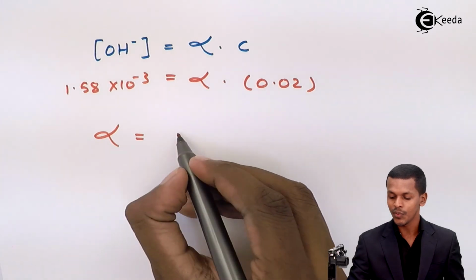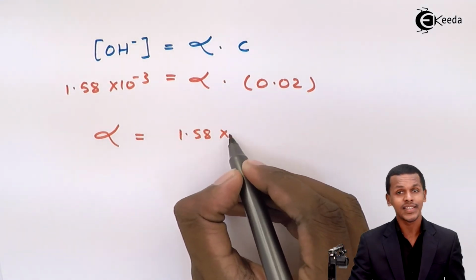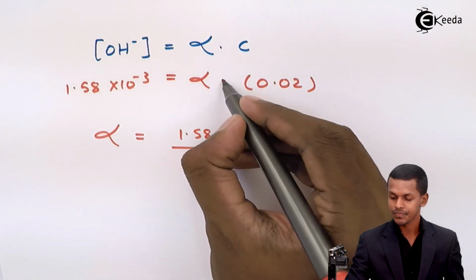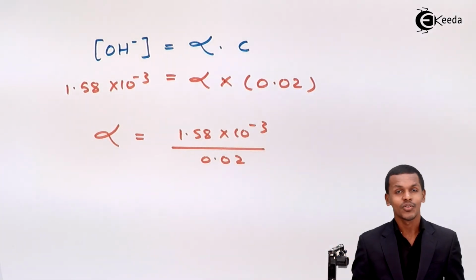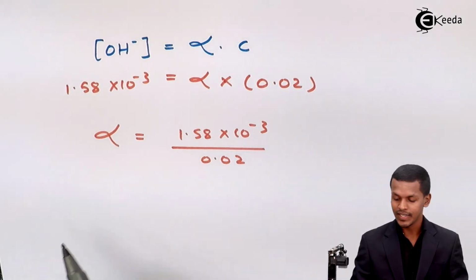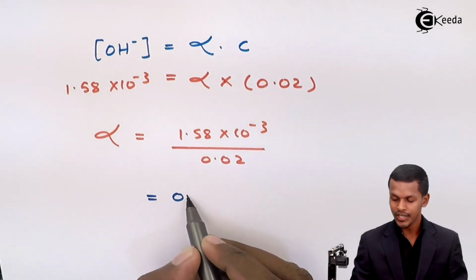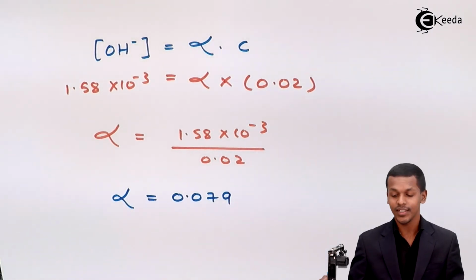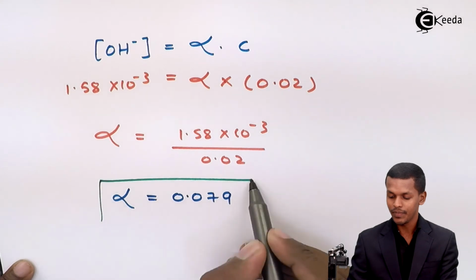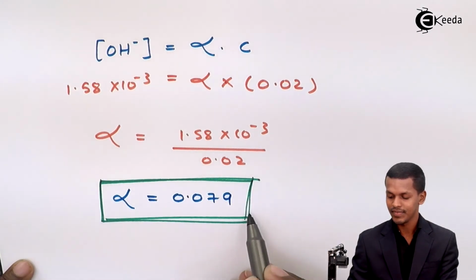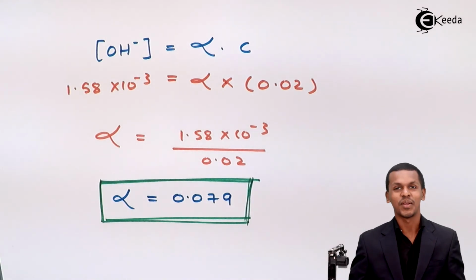It would be 1.58 into 10 raised to minus 3 divided by 0.02. Let us calculate and see the answer. We have got an answer of 0.079. This is the degree of dissociation that we have got, and I will keep it in a rectangle box.